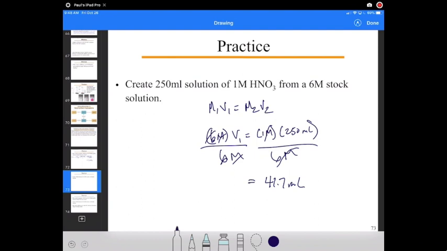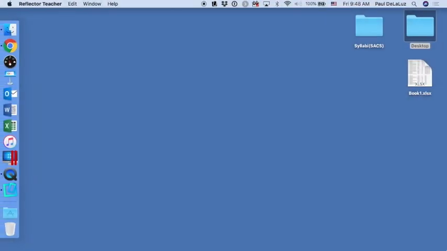I got a volume. What does that math mean? You take 41.7 mils of the 6 molar, and you add 208.3 mils of water, and when that is totally dissolved completely, you will end up with 250 mils that has a concentration of 1 molar nitric acid.